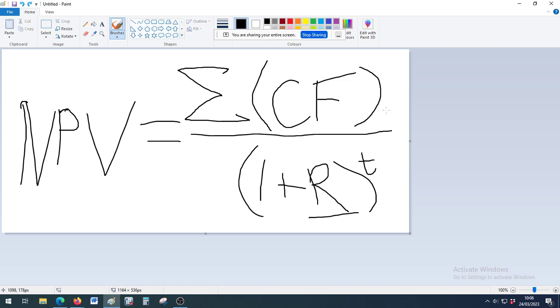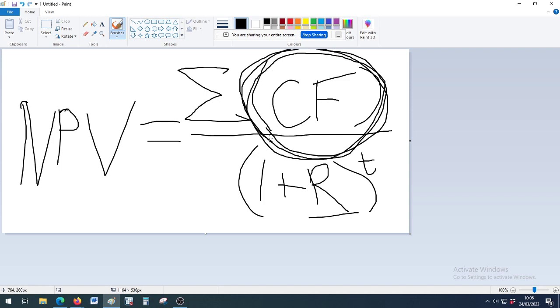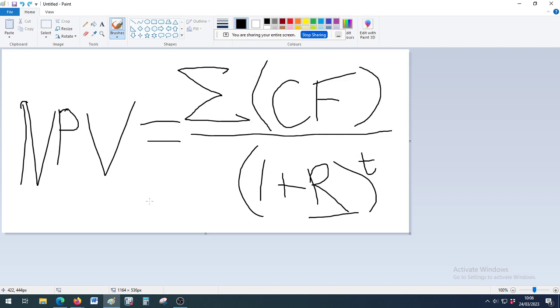So the main idea of this whole chapter is, where do we get these cash flows from the financial statements to plug into the NPV formula to calculate the NPV values, as well as other formulas, say internal rate of return.